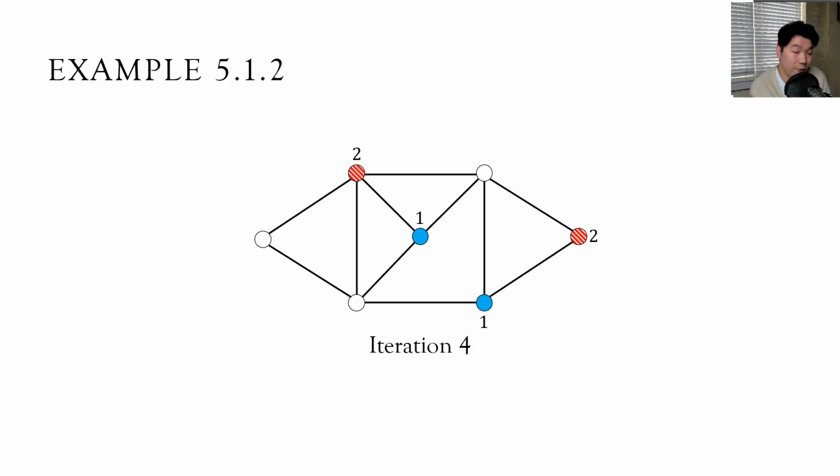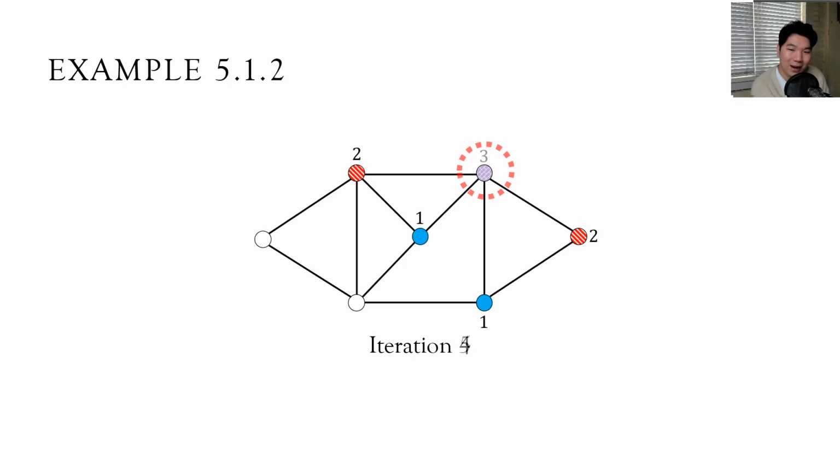Next, we rinse and repeat. I choose some arbitrary vertex, and I try to color it with my least color. So I cannot color it with the color 1 because it's connected to a 1 color. I cannot choose the color 2 because it's connected to the color 2 already. So I am forced to add a new color.